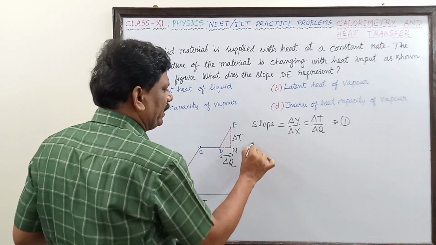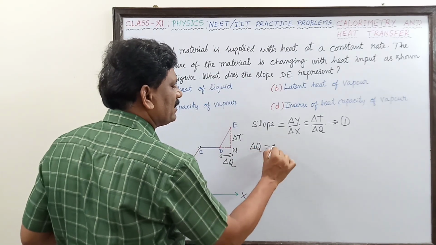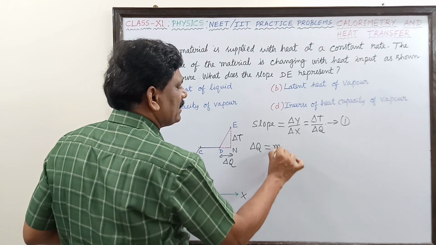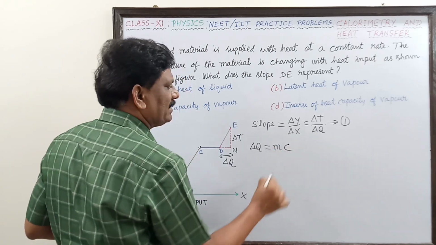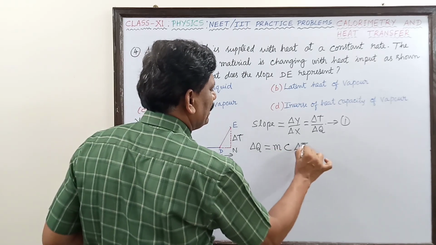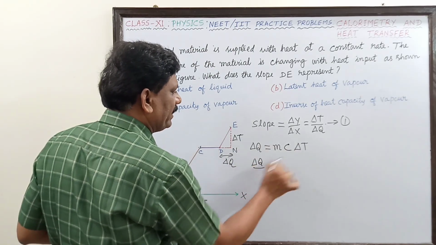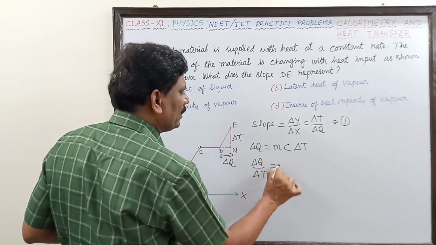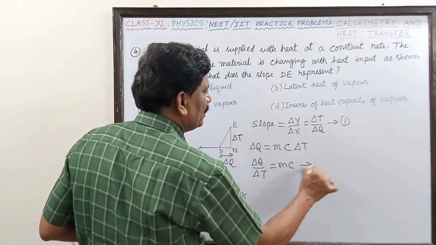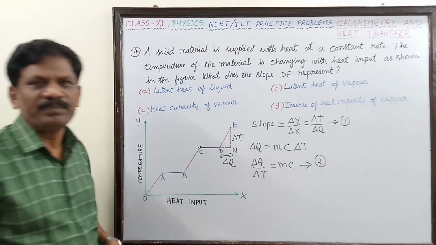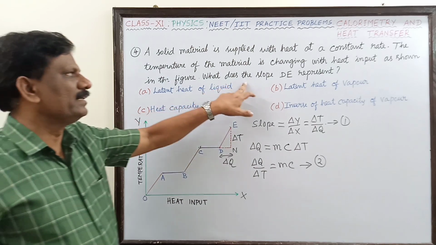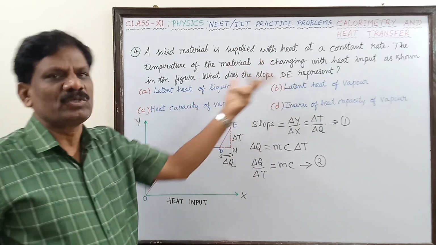Now actually the quantity of heat supplied to any substance is equal to mass into specific heat capacity into difference in temperature. So from this I can write delta Q divided by delta T is equal to M into C. So this is our equation 2. Now what is asked here is the slope DE represents which quantity.